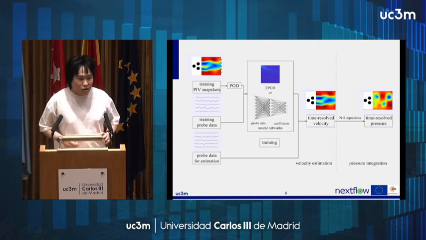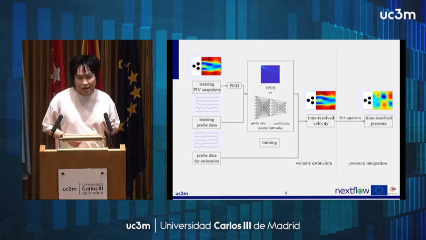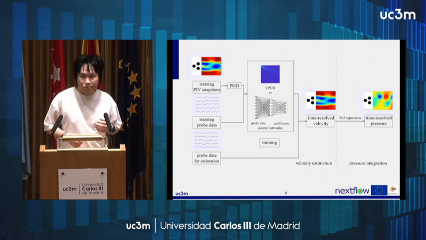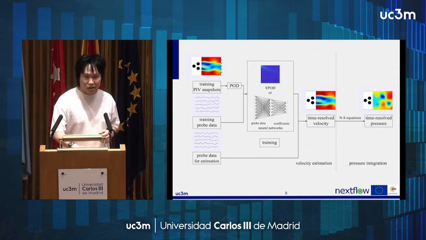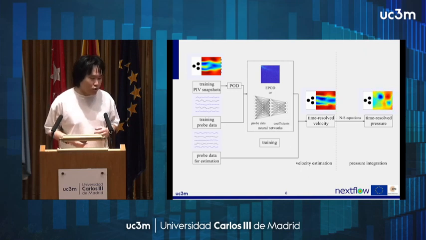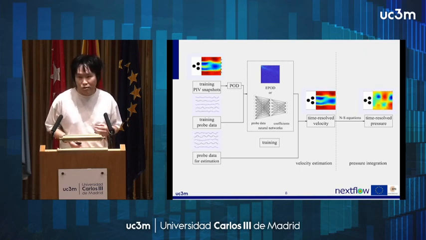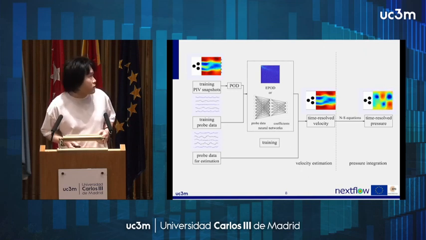After that, once we introduce the time-resolved or real-time probe data, we can reconstruct the time-resolved velocity field. Then we are able to calculate the time-resolved pressure field using the Navier-Stokes equation.